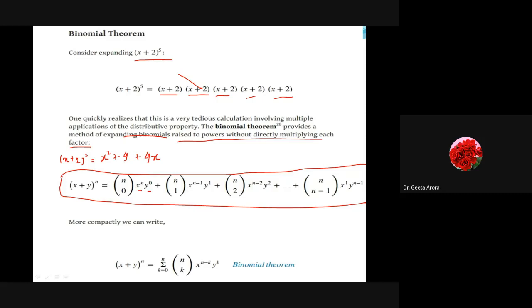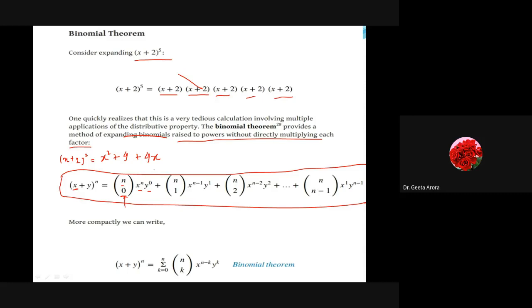How are we doing this? Just remember that the top, the frontmost number, goes to the power of x, and the base one goes to the power of y. Then along with this, you have to multiply x raised to some power and y raised to some power, which is to be calculated from here. And it goes on till nC(n minus 1).